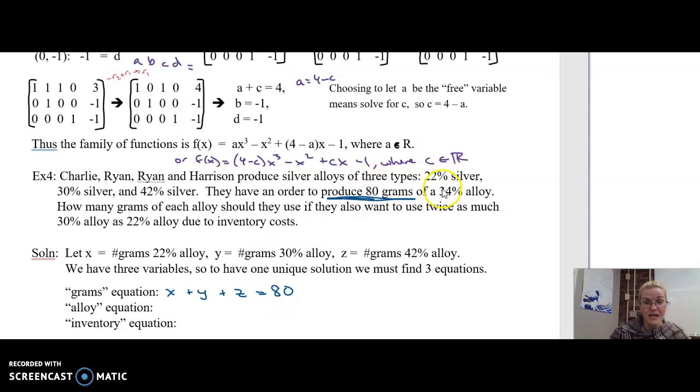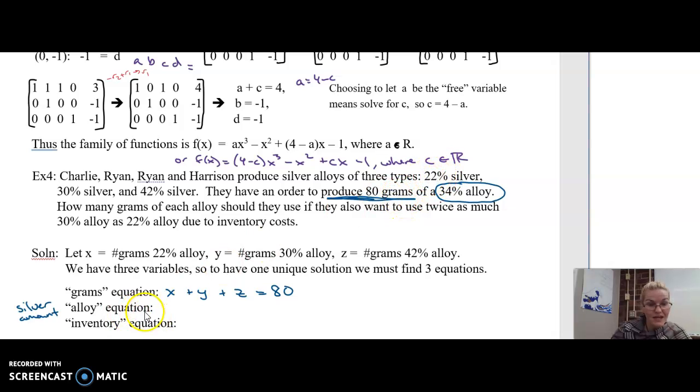Okay, it has to be 80 grams of a 34% alloy. Well, this is the alloy equation, also the silver amount, right? So 80 grams, 34% of that should be pure silver. So what are we going to do?